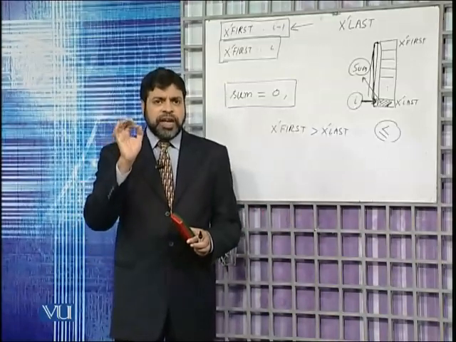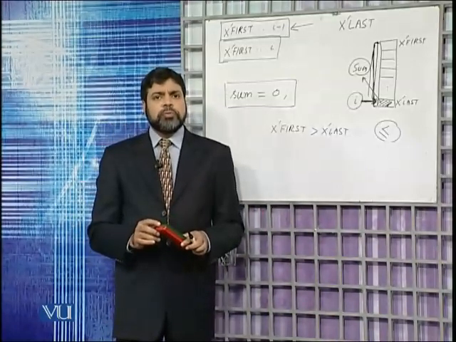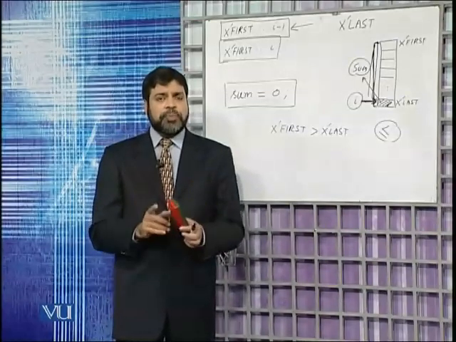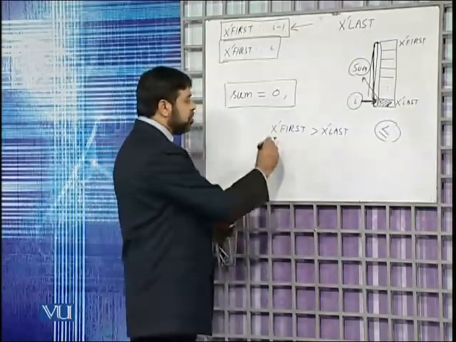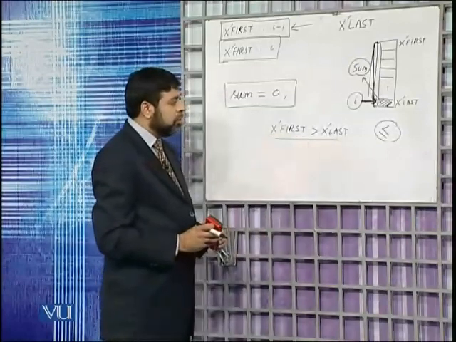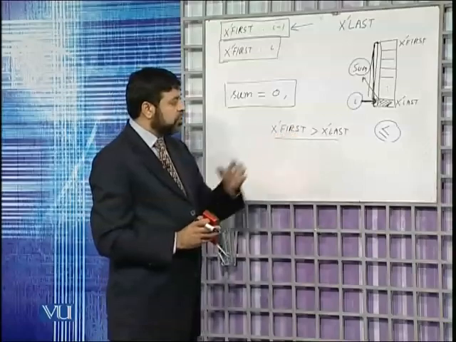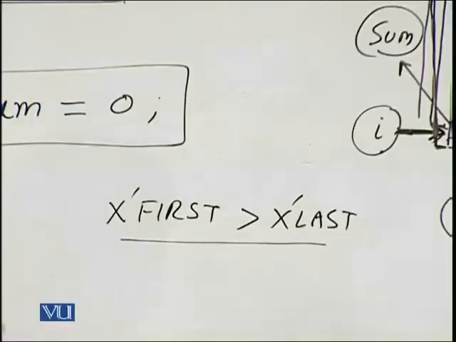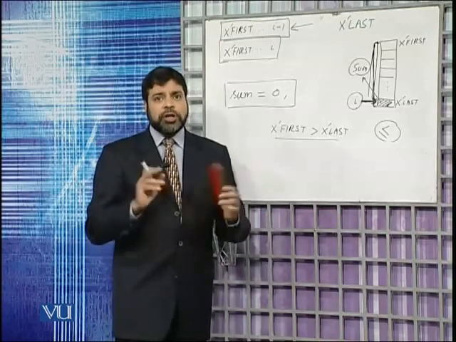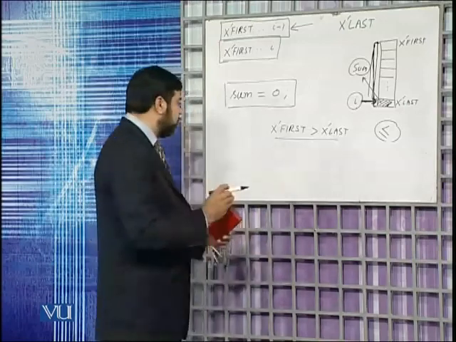But we would have a problem if that condition is not met. That is, if this condition is not true. If this condition is true, that is, x first is greater than x last, we must change our precondition accordingly. What is our precondition in that particular case?